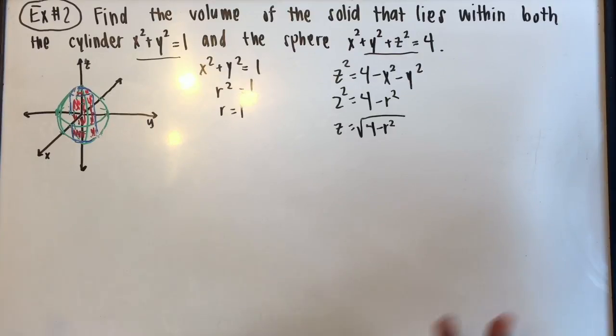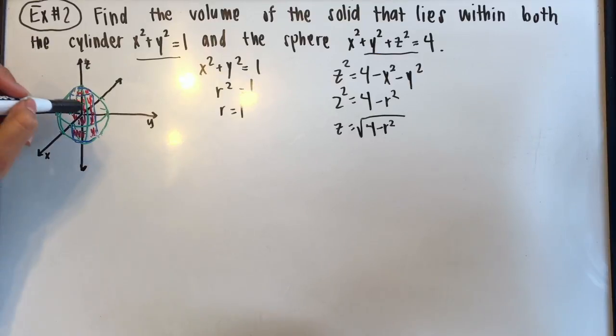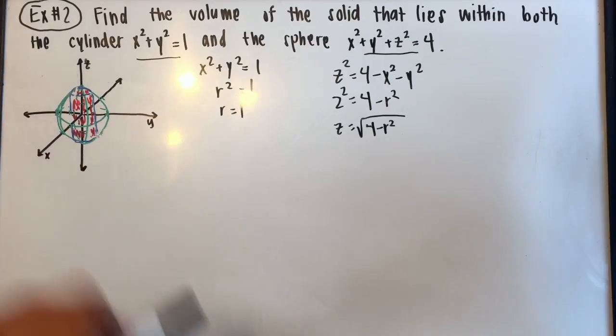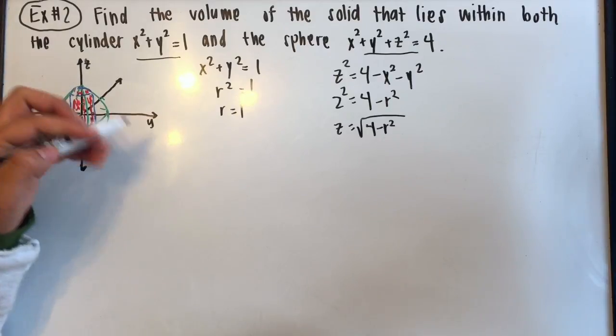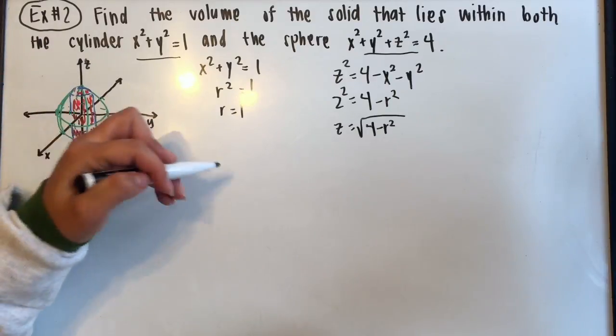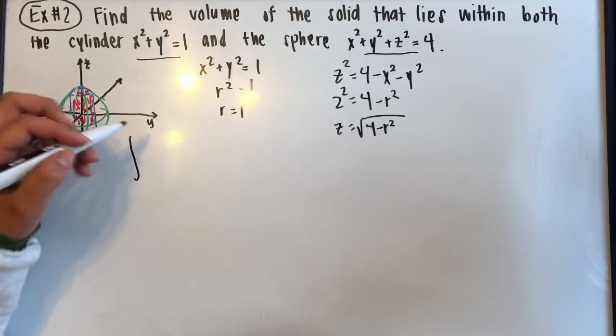So now let's set up our limits. We know that it's a cylinder, so it's going to revolve around a full circle. So our theta is going to be from 0 to 2 pi.